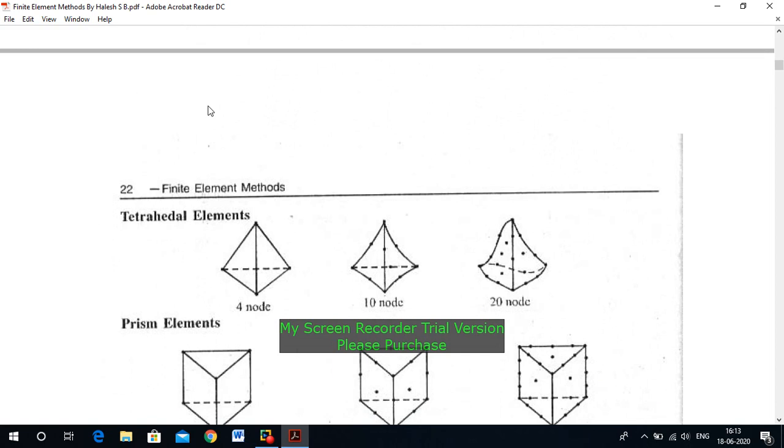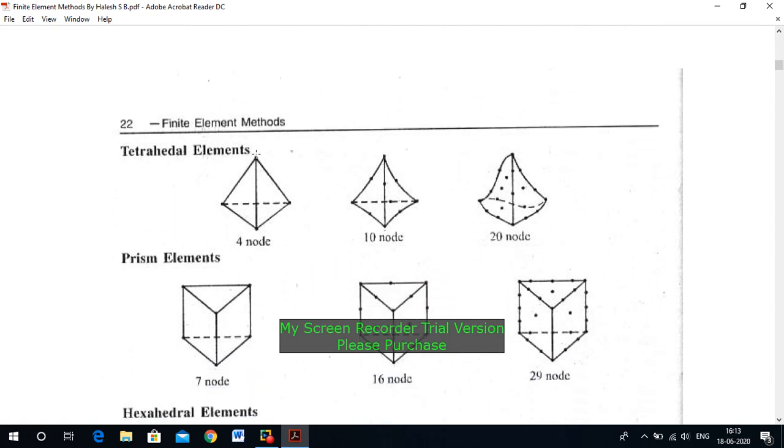See the figure; I am showing what these are called. The tetrahedral element has a tetrahedral shape. It consists of 4 nodes: node 1, 2, 3 and 4. Here one more tetrahedral element geometry is given. It consists of 10 nodes, and one more tetrahedron I drew here consists of 20 nodes.